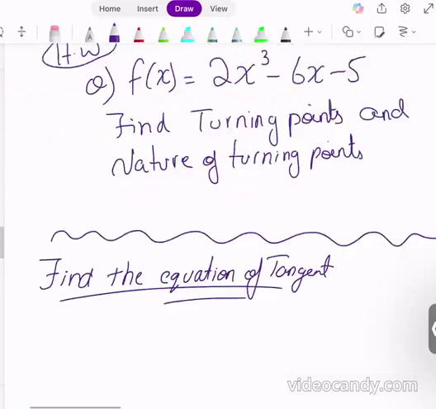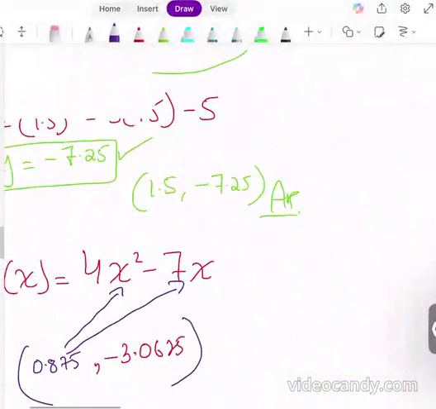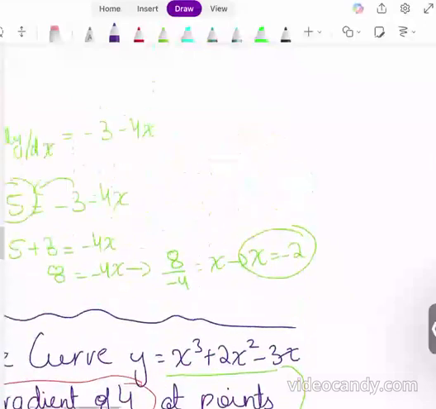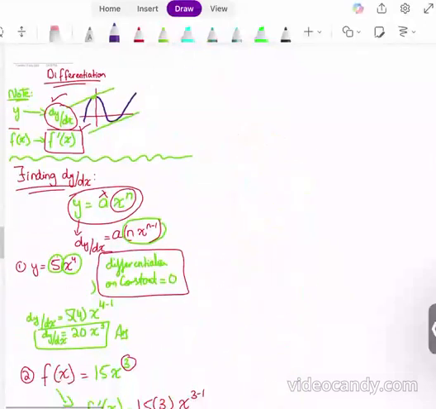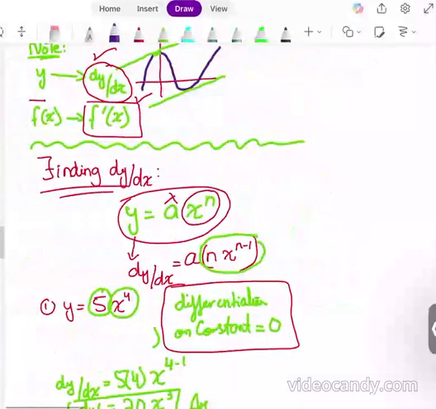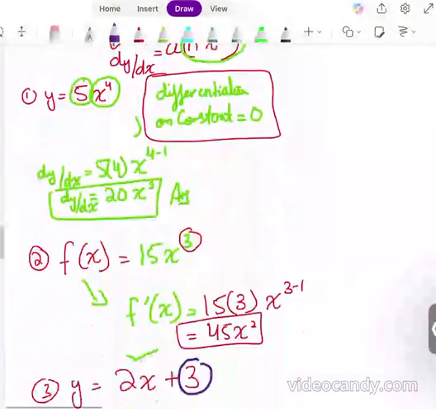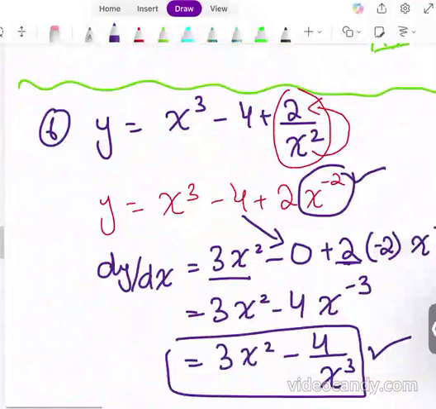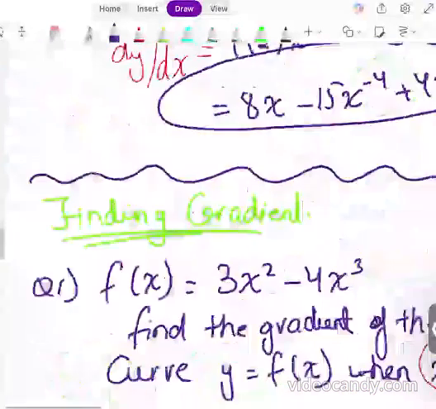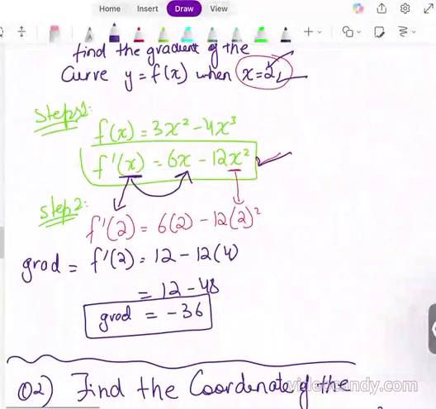What we have done so far in differentiation: first we understood what differentiation is, and how we can find and apply differentiation. Then we moved towards the gradient topic, how to find the gradient of a function, and we understood all the steps of the gradient.